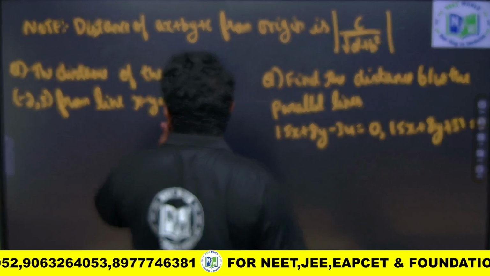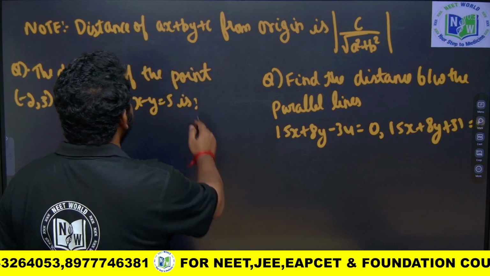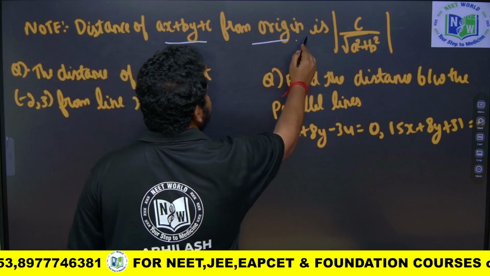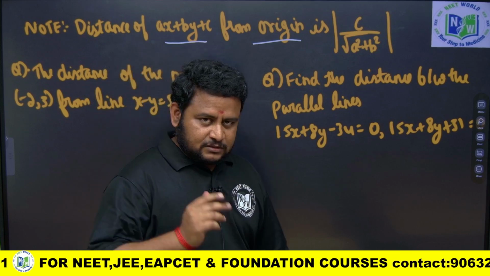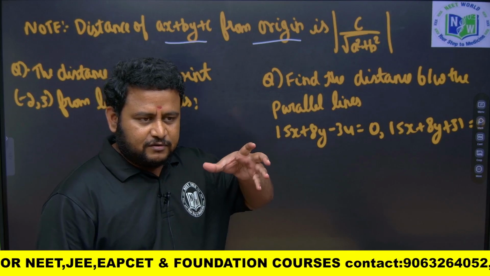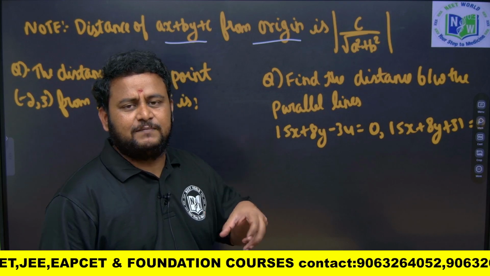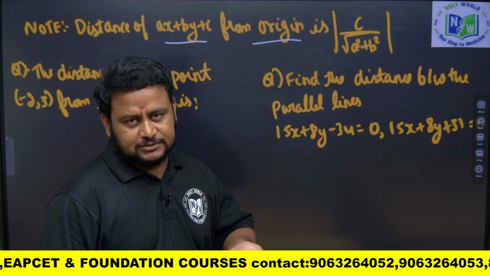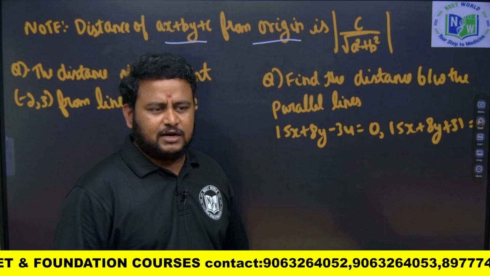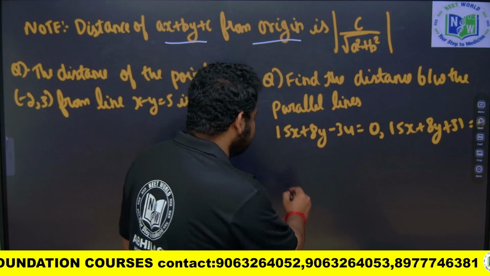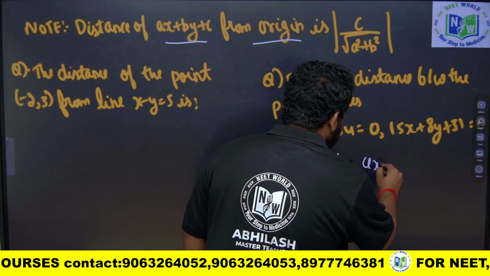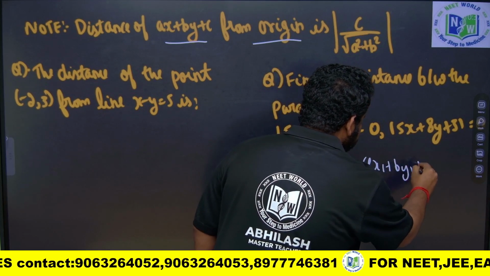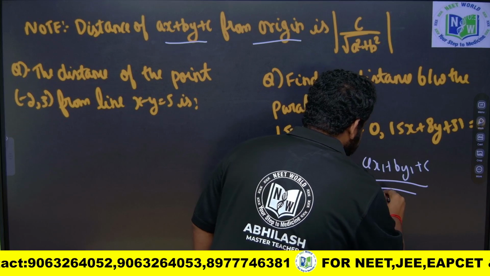We will solve some questions based on this. The distance of ax + by + c = 0 from the origin. If they say from the origin, this is also the first concept we learned, the distance of a point from a given line. If that point is the origin (0, 0), what will it become? ax1 + by1 + c divided by the square root of a square plus b square.